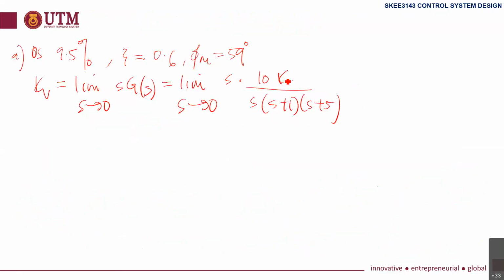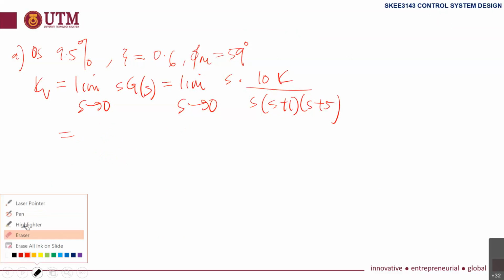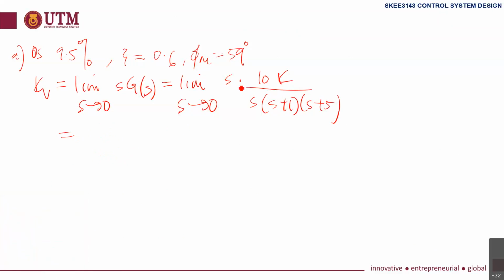Okay, and we know that K is 0.266. So limit S to 0. We can solve this, cancel S. Then we can substitute S equal to 0 into the terms.